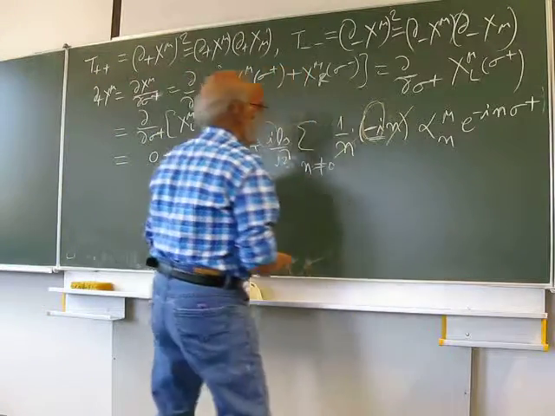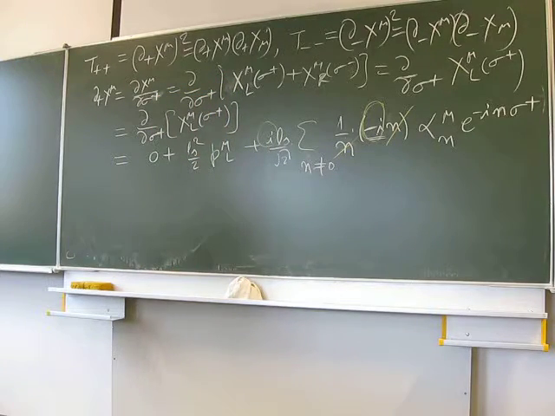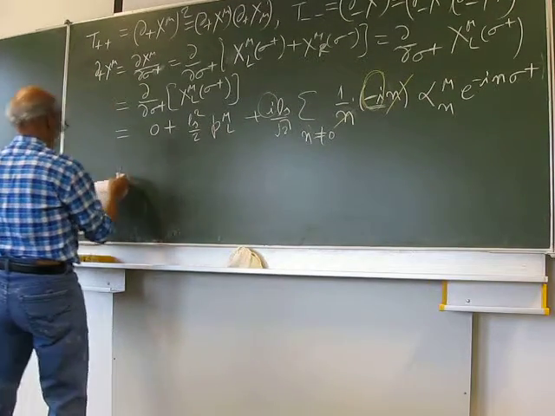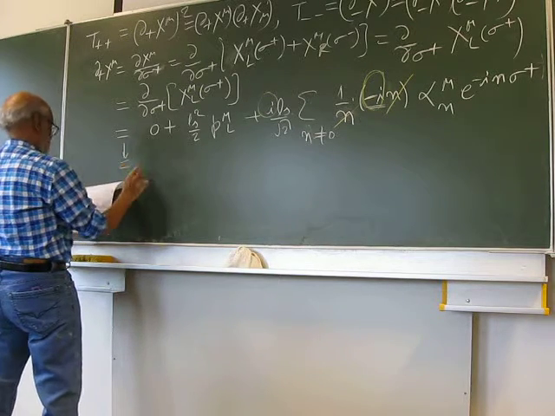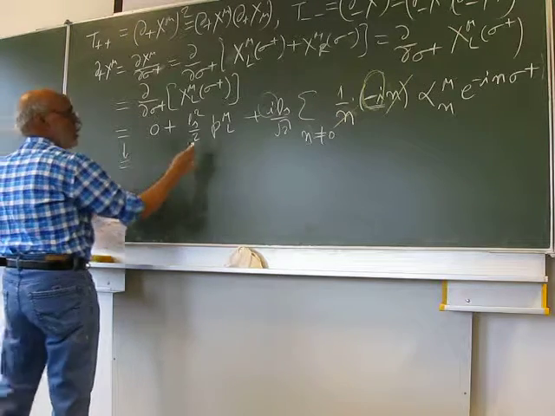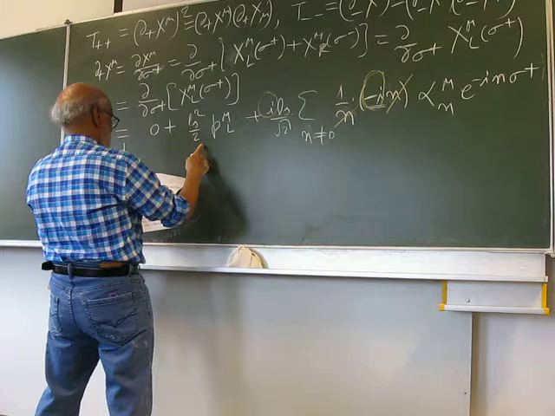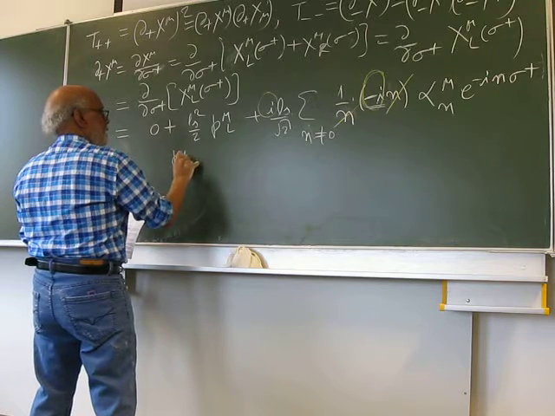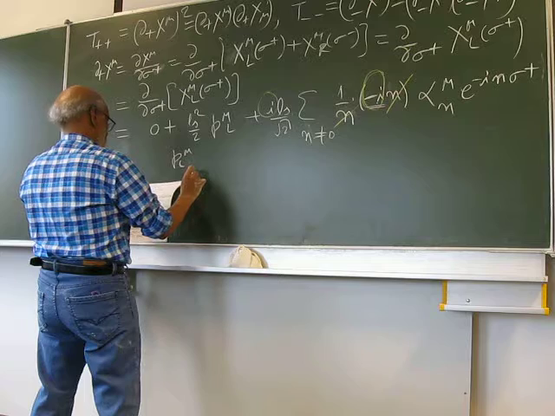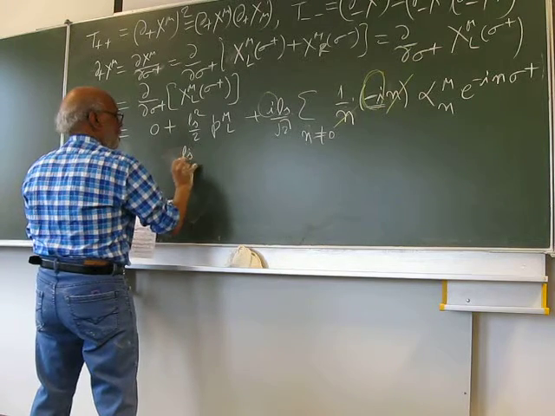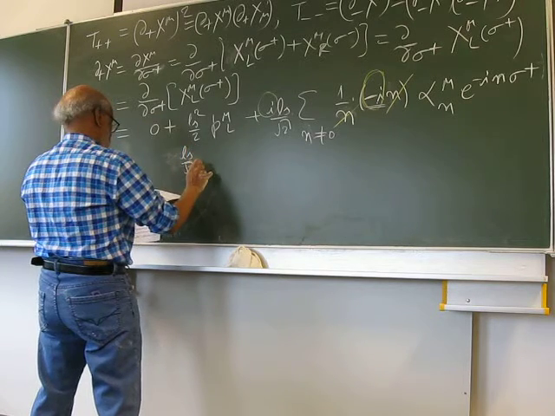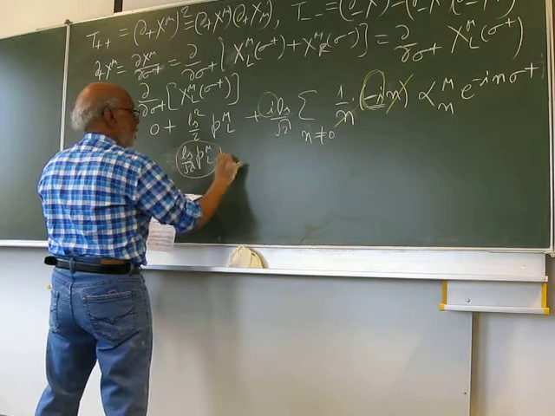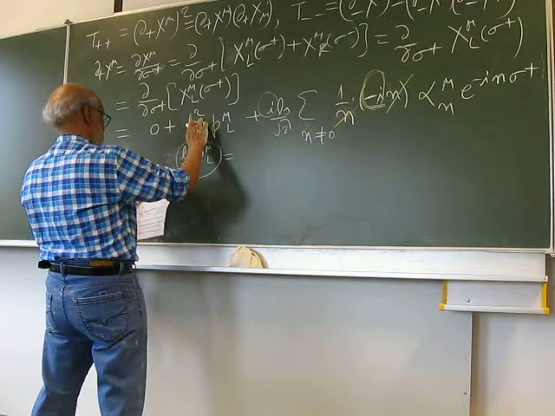So my life is now much simpler. I can write this, and so this is equal to ls by square root of 2, which I have defined in the first place, times P mu L. Why is this ls square here? Is this ls square here?